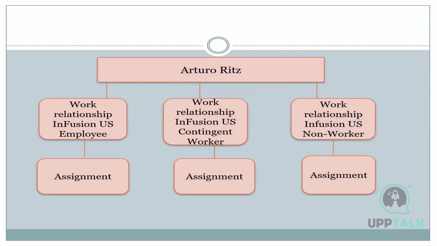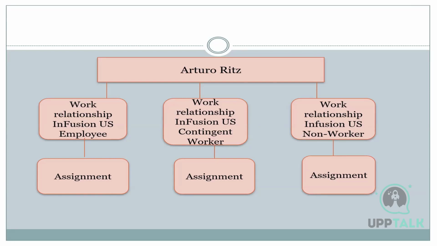Orchero Rates is the name of the employee, and he has work relationships as employee, contingent worker, non-worker. The employee has a work relationship with Infusion US, which is the main head, the main company name. Now Orchero Rates also holds a contingent worker profile.